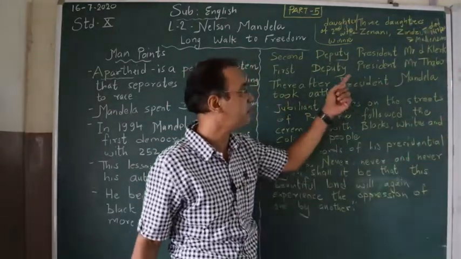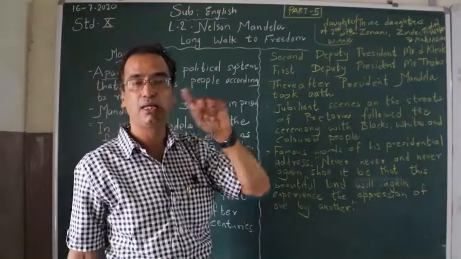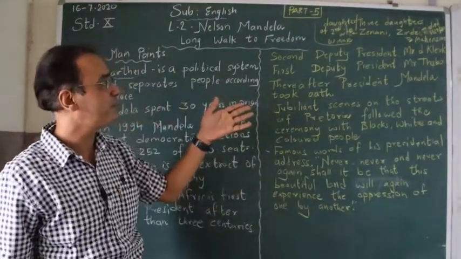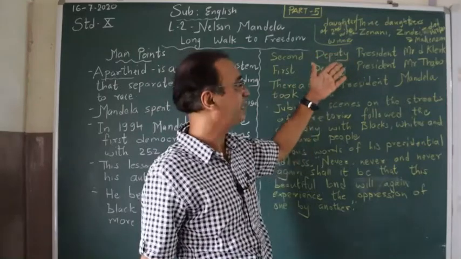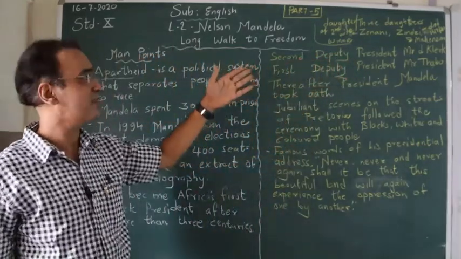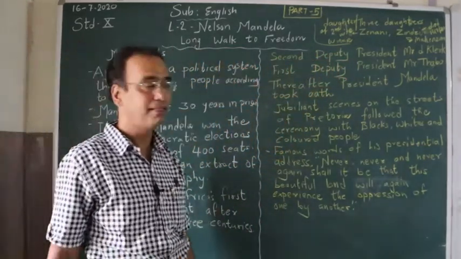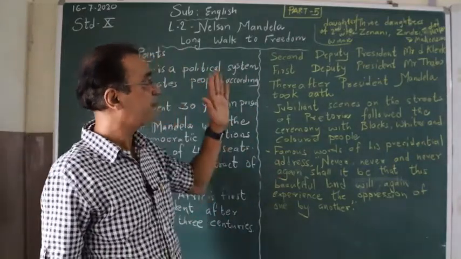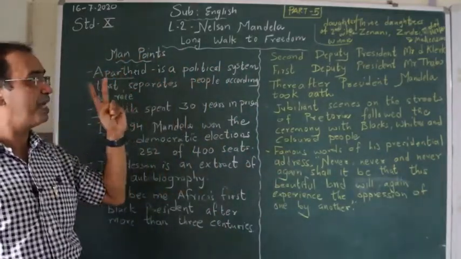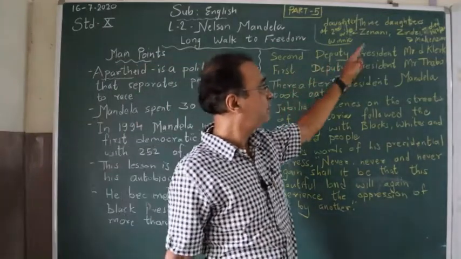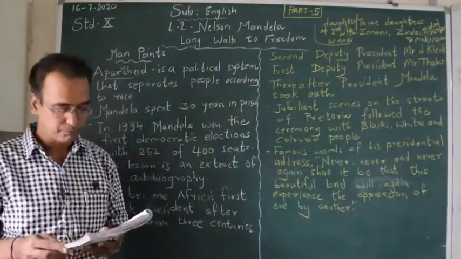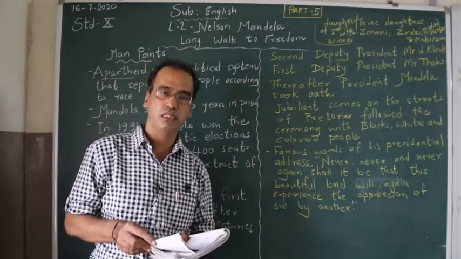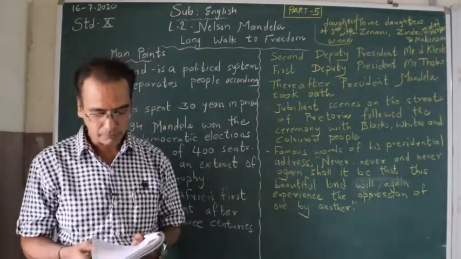On 16th July, there was a headline in the news I read: Nelson Mandela's daughter dies at 59. The other is Makaziwe. So there are three daughters; two are still alive. Zinzi died just the day before yesterday. So here he recalls that Zenani and I went up.